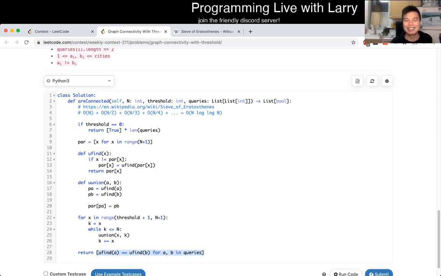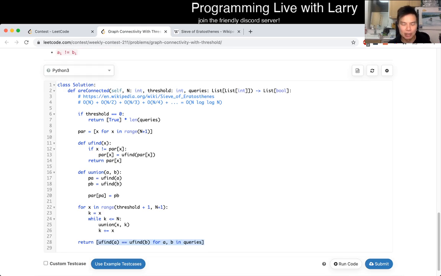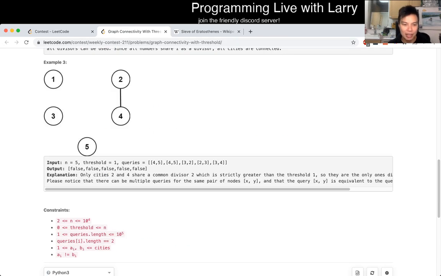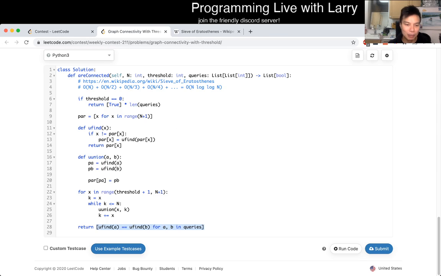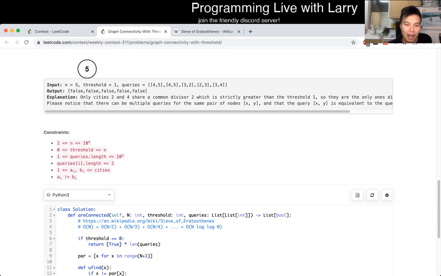It's a little bit higher than that, but let's say O(1)-ish. You can look up the inverse Ackermann function if you want. So this is O(1) for each query, which is fast enough for 10 to the 5th. And the pre-processing is O(n log n), which for n equal to 10 to the 4th will be fast enough.